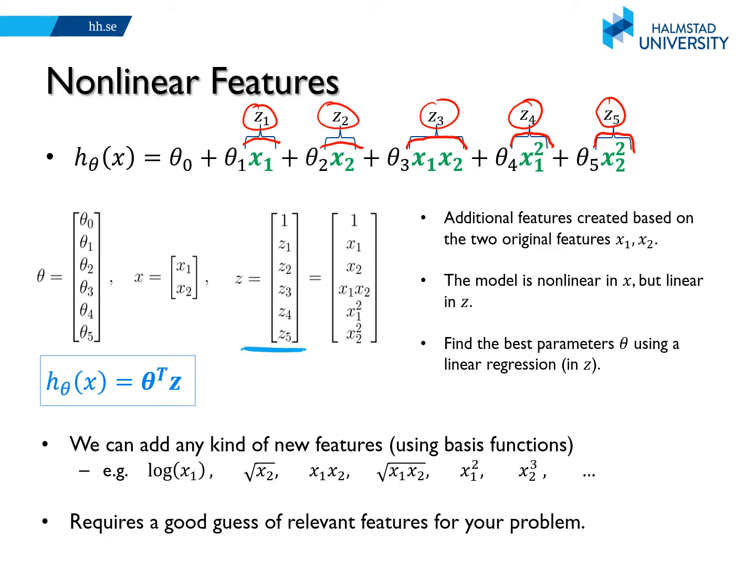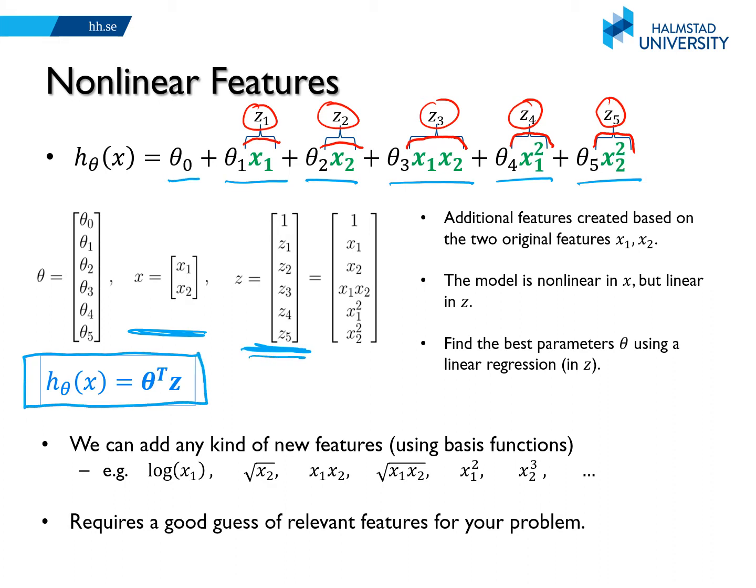So our data is now described by 5 features, which are created based on the two original features that we had. And our hypothesis function based on z is just theta 0 plus theta 1 z1 plus theta 2 z2 plus theta 3 z3 plus theta 4 z4 plus theta 5 z5. So this is just theta transpose z.